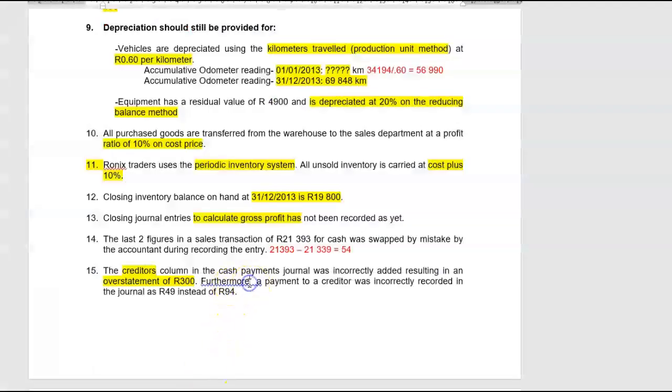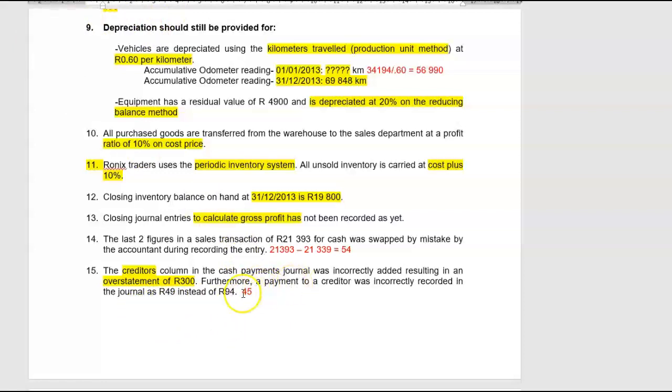Then furthermore, a payment to a creditor was incorrectly recorded in the journal as 49 Rand instead of 94 Rand. So what is the difference between those two? It's 45 Rand.